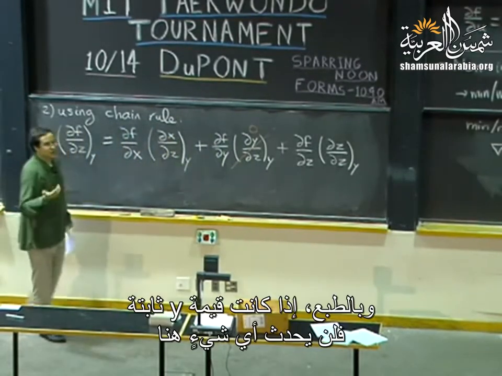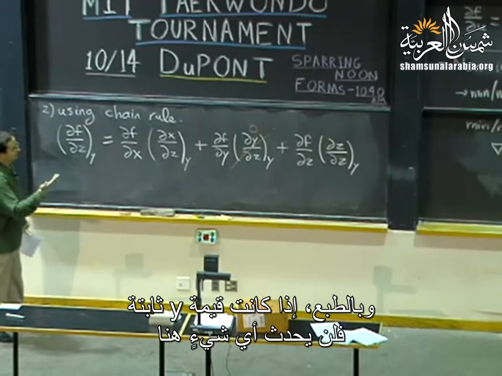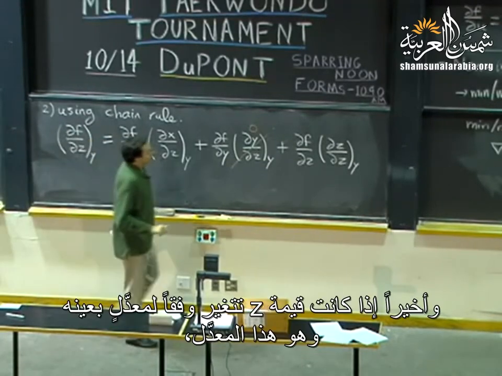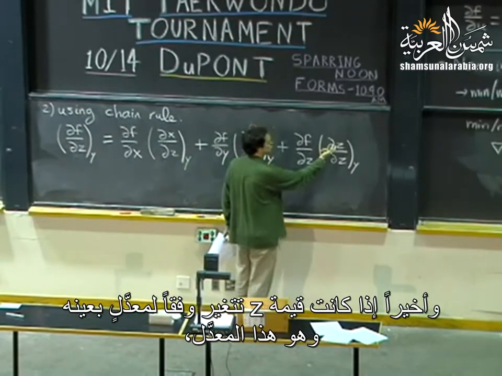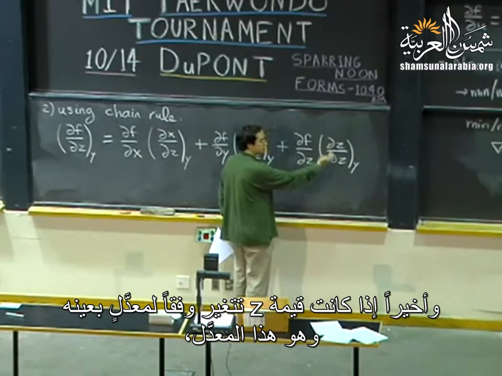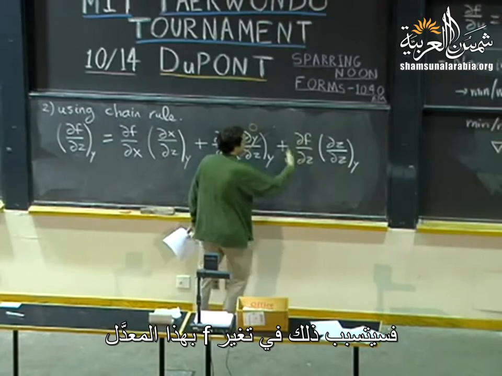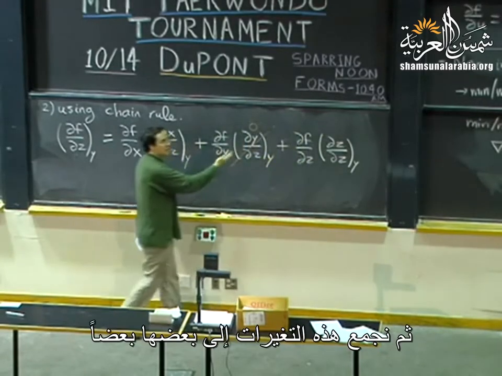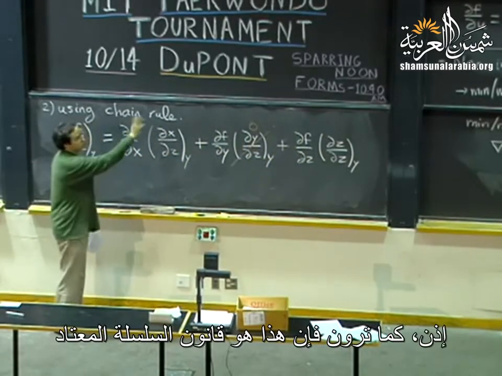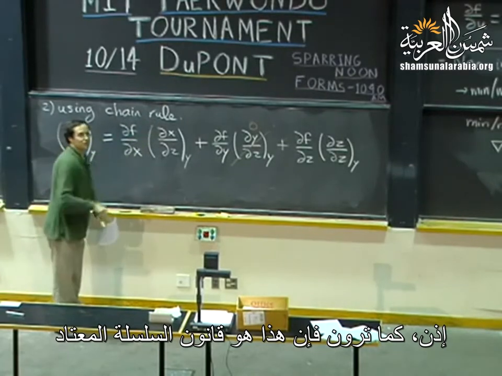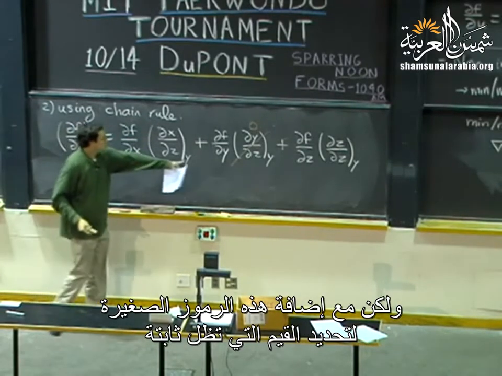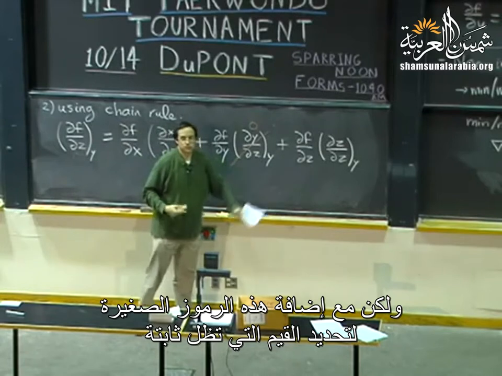Of course, if y is held constant, then nothing happens here. And finally, well, z is changing at a certain rate. This rate is this one. And that causes f to change at that rate. And then we add the effects together. Okay, see, it's nothing but the good old chain rule. Just I've put these extra subscripts to tell us what is held constant and what isn't.